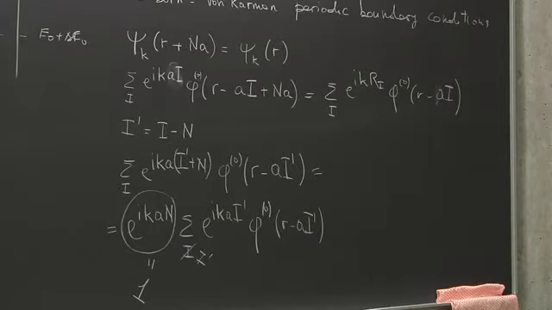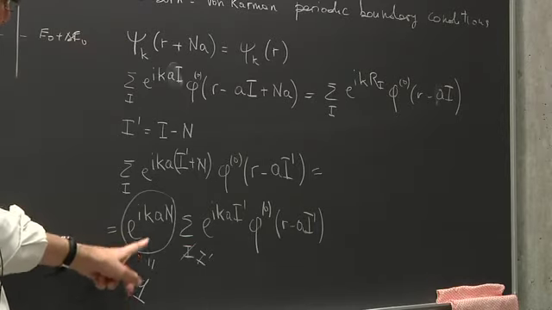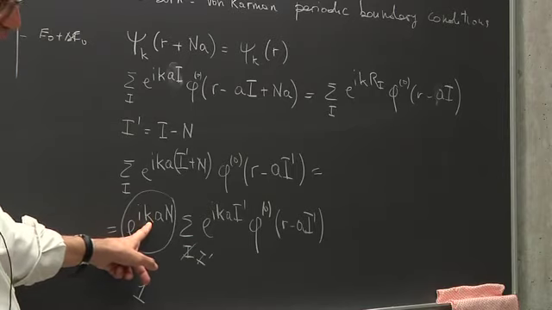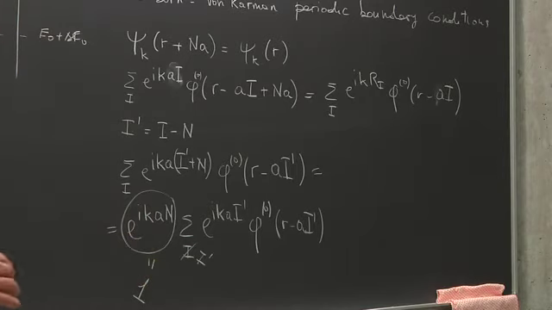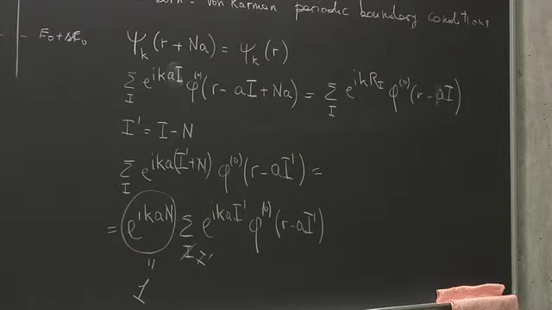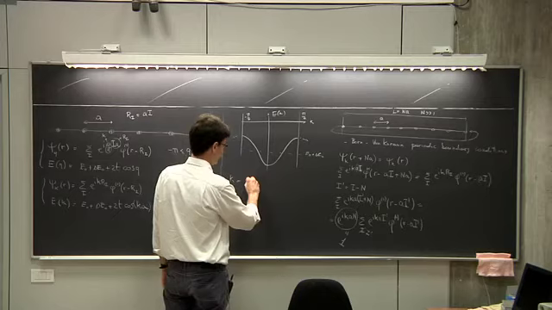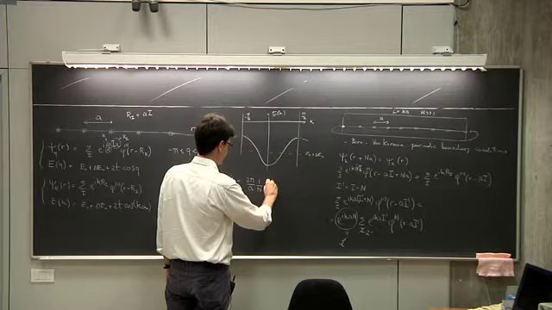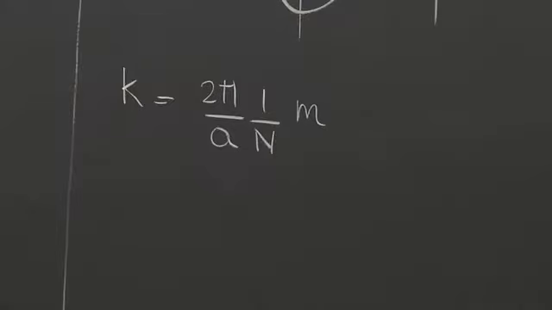Okay, so imposing these boundary conditions forces k to take selected values, not all possible values in this range, but values equal to 2 pi over a, times 1 over N, times an arbitrary integer, right?